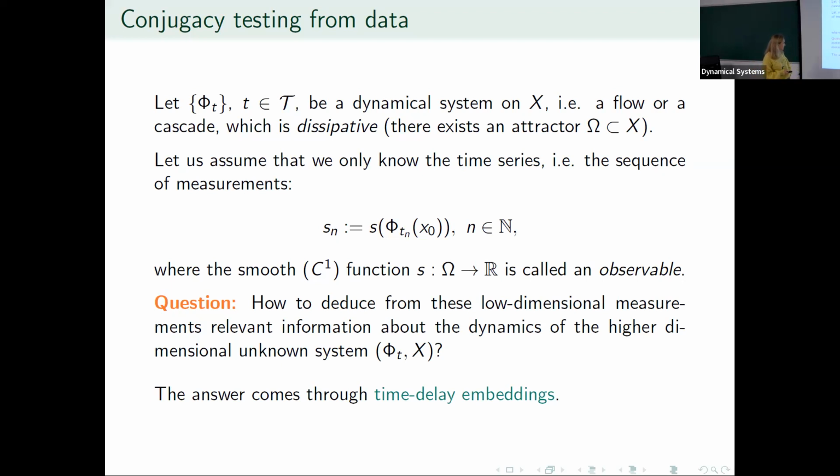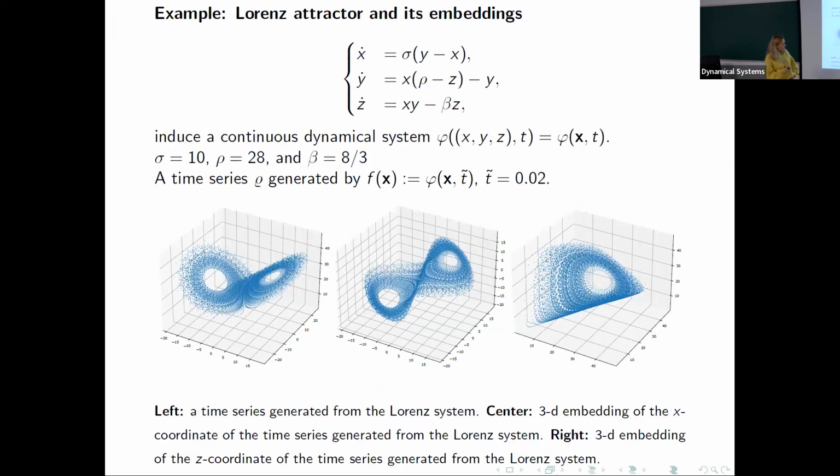It is possible through time delay embeddings, provided that a couple of conditions are met, and these conditions are captured, for example, by Takens' embedding theorem. But this is a very simple example that we usually start this talk with, especially when we talk to people who have more of an experimental than a mathematical background.